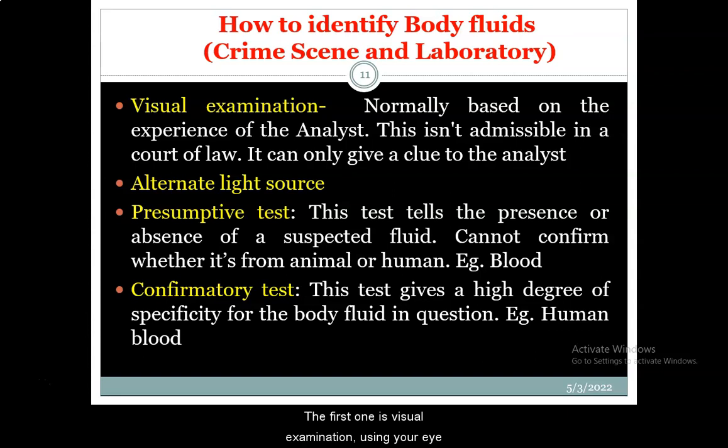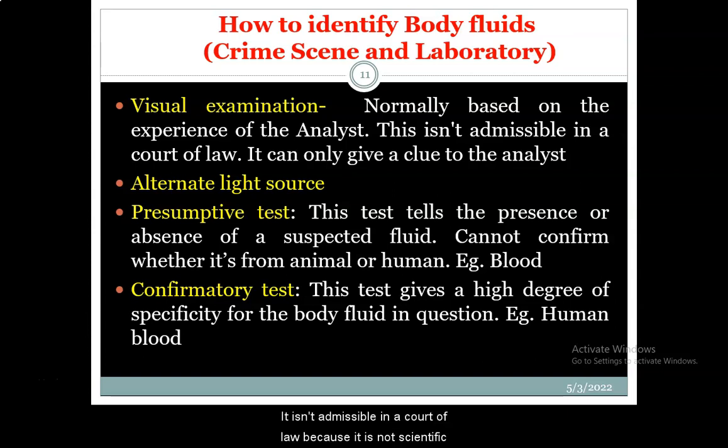So the first one is visual examination using your eye. This is normally based on the experience of the analyst. This isn't admissible in a court of law. It can only give a clue to the analyst, using your eye through your experience, to know that, yes, this particular thing I'm seeing is indeed blood or not.